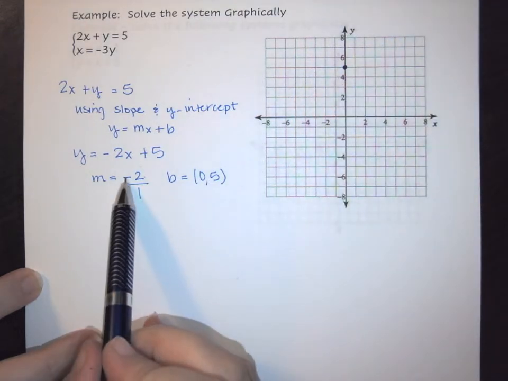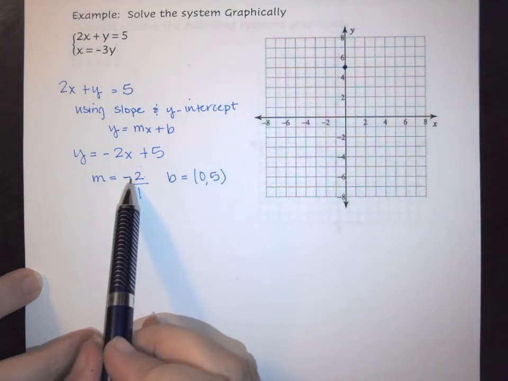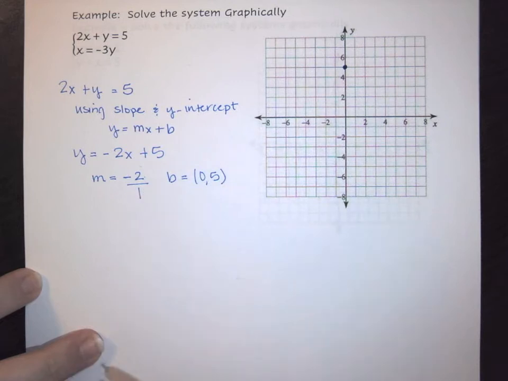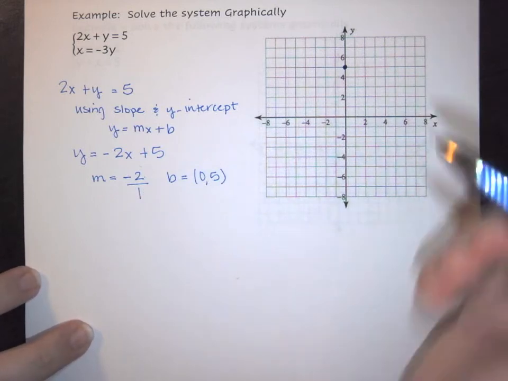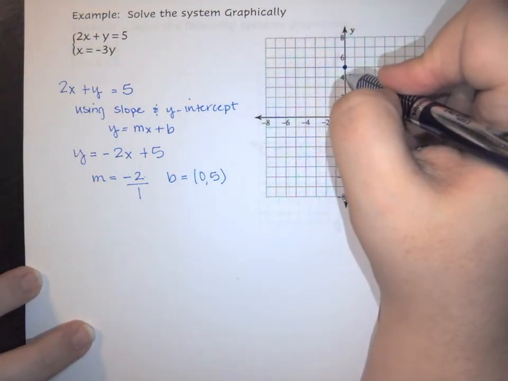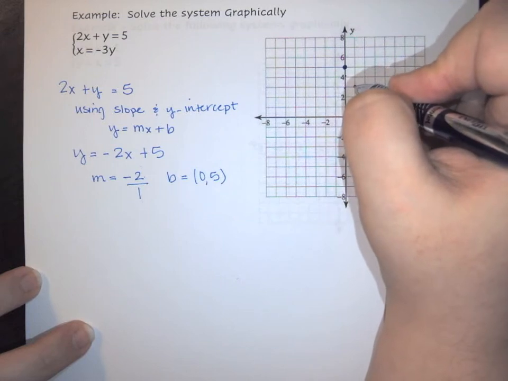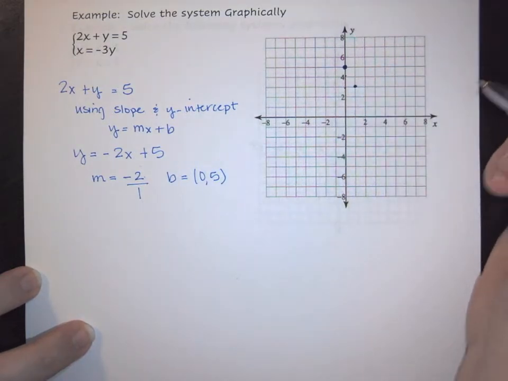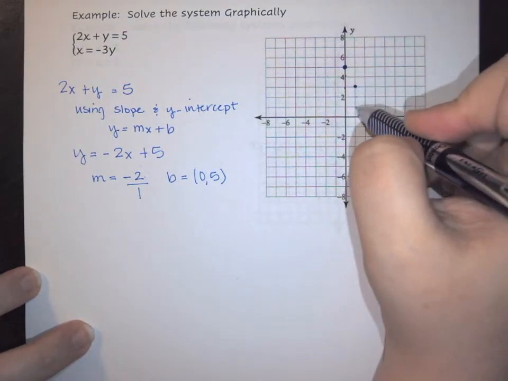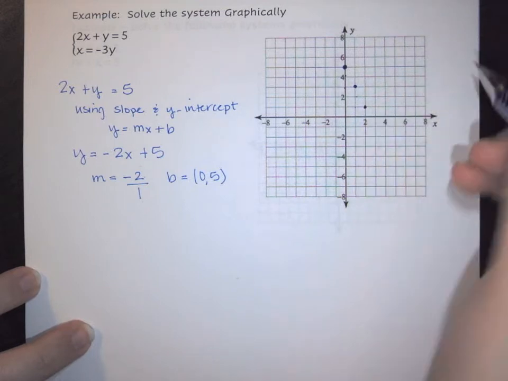And then my slope is negative 2. So this means we're going to go down 2 and then to the right, or positive x 1. So we're going to go down 2 and over 1. There's your second point. Okay, to make sure that you're following along, we'll go down 2 over 1. There's your third point.